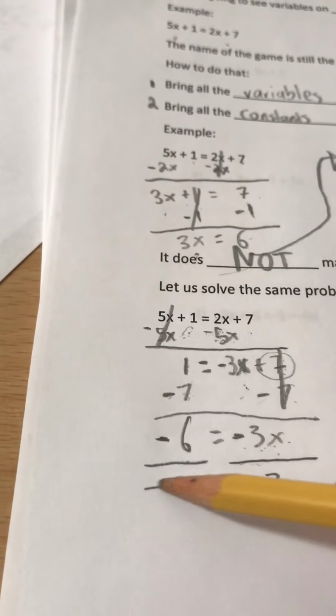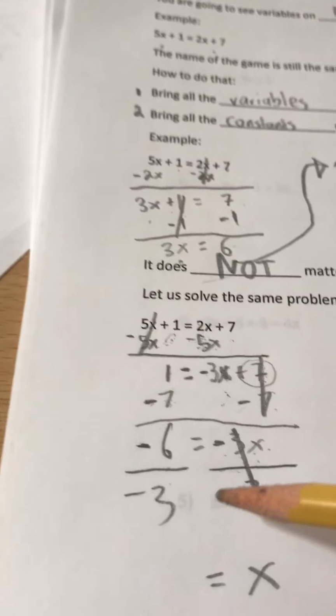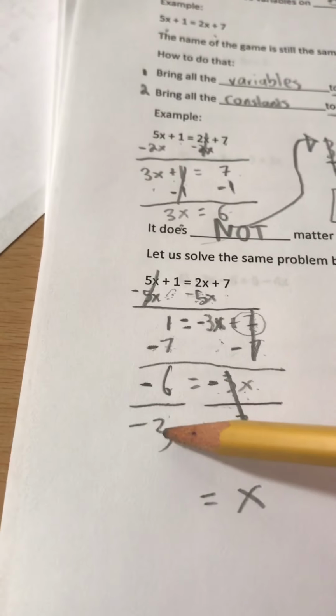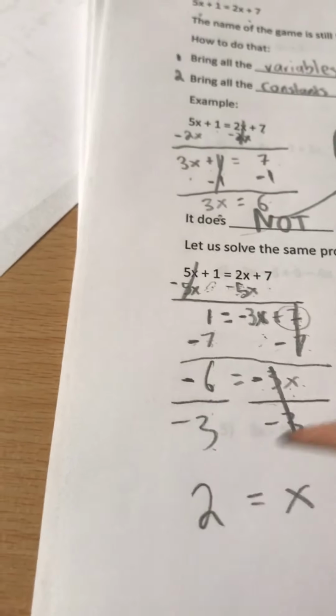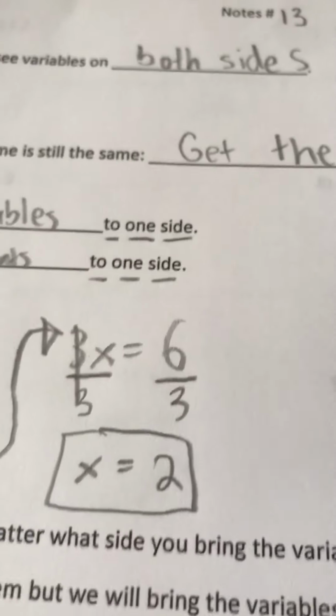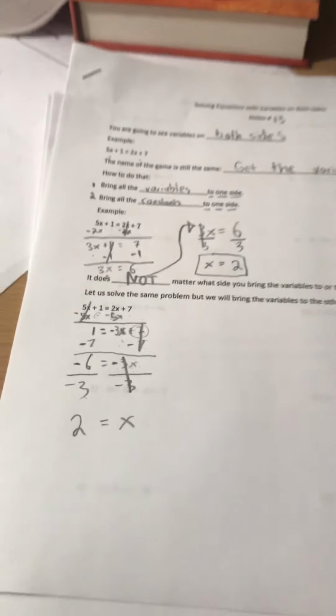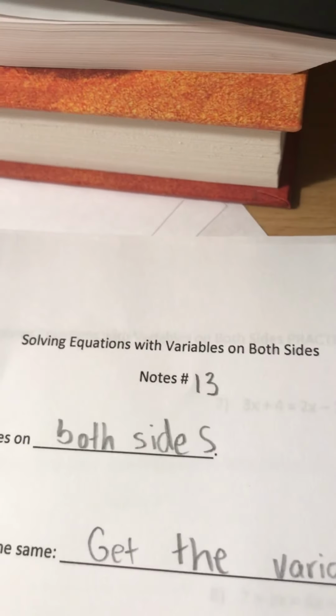What I do to one side, I do to the other. These negative 3's cancel out, leaving just the x. And over here, negative 6 divided by negative 3 is positive 2. So 2 equals x, which is the same thing as x equals 2. There you have it. That's how you solve equations with variables on both sides.